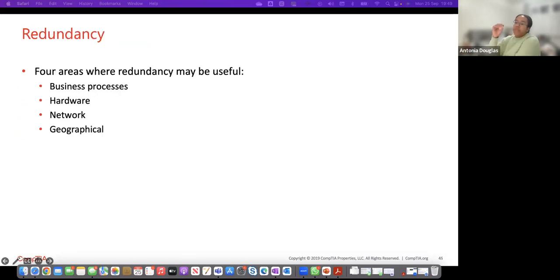So let's look at redundancy. Four areas where redundancy might be useful: business processes, hardware, network, geographical. So what is the uptime for your services across your organization? Do we need to have services running at 100% all the time?